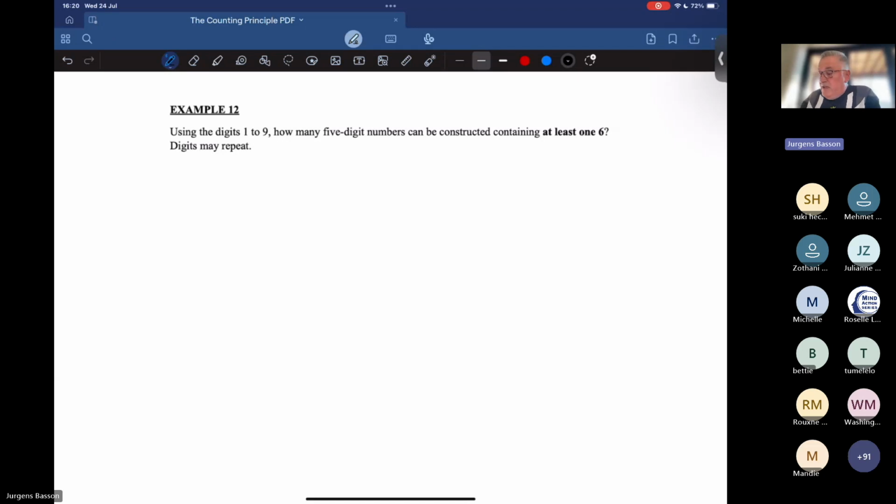So then it means I've got 5 places, 1, 2, 3, 4, 5, for my different digits. These digits may repeat, yes. And when I use all of them, then it's 9, so I will get 9, 9, 9, 9, 9, which will give you 9 to the 5.